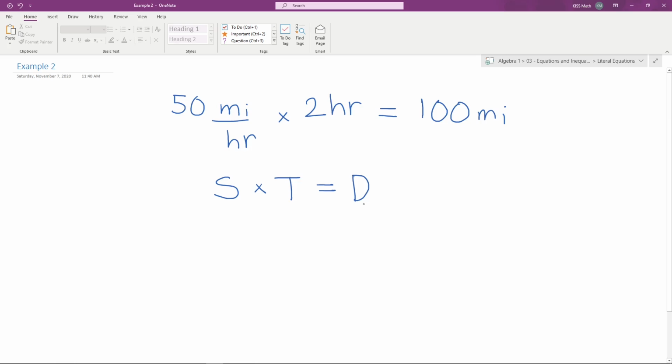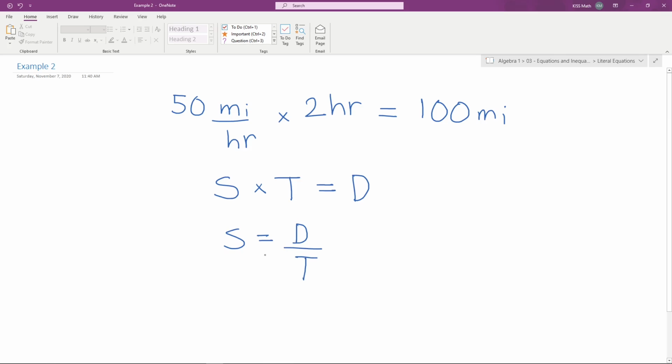S times t equals d would be a way to represent the same equation except with the numbers unknown or not given. And now, what if I'm more interested in your speed than the distance? I could take this equation and solve for just the speed. So I could have s equals, and I divide off the t to get d over t.